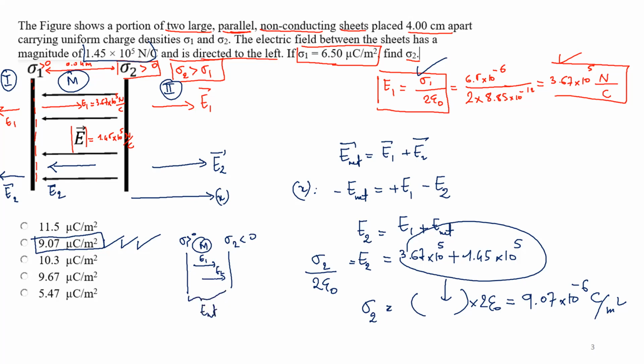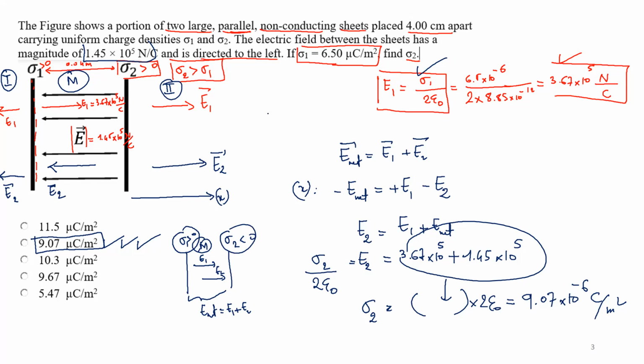E net in between these two plates will be just E1 plus E2, because they are pointing in the same direction. And my electric field is pointing towards lower potential. Now you study potential in chapter 24. But even if you don't know that, the principle of superposition tells you that the E net here in the middle will be larger because it's a sum of two vectors going in the same direction.